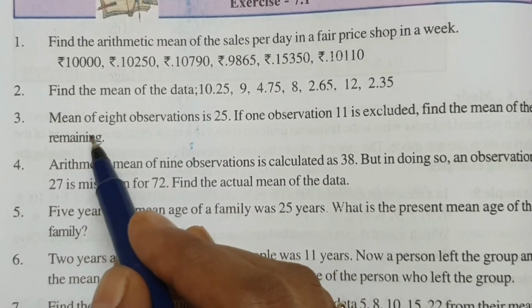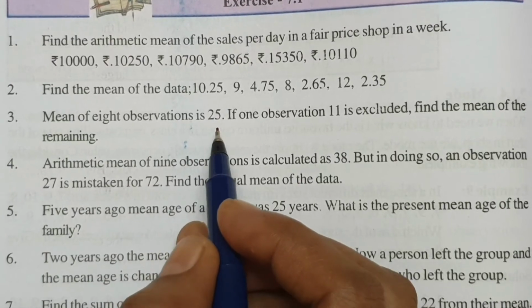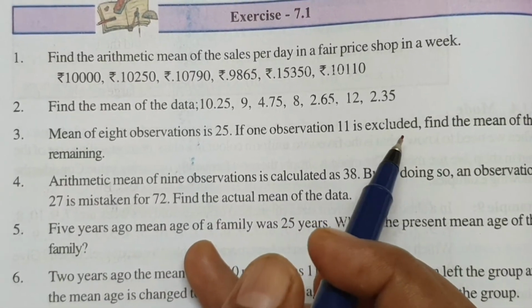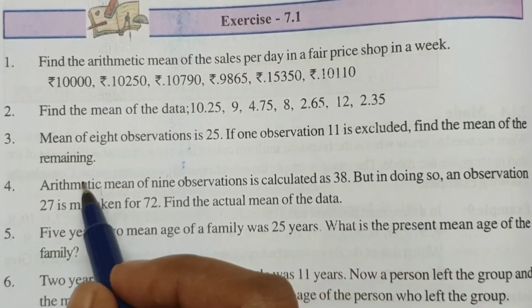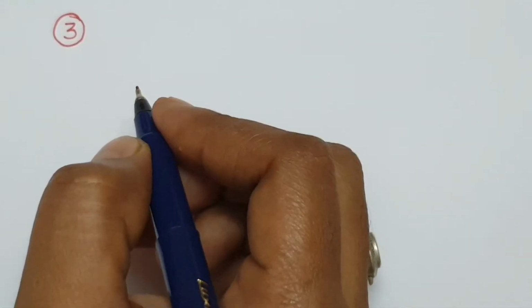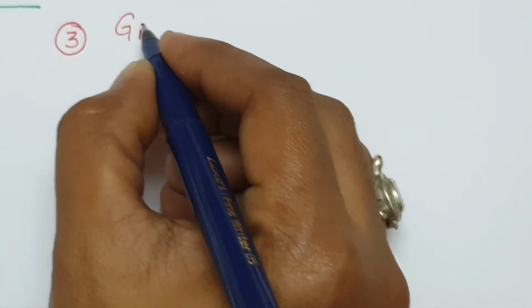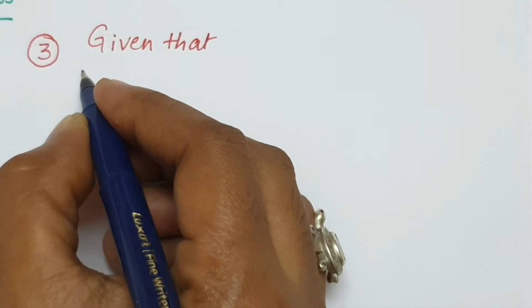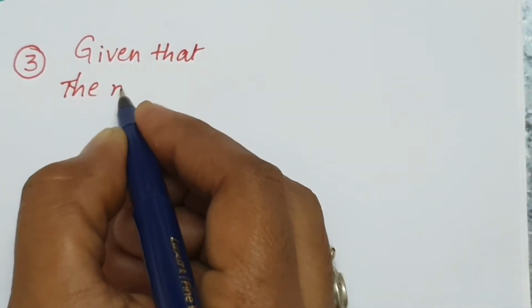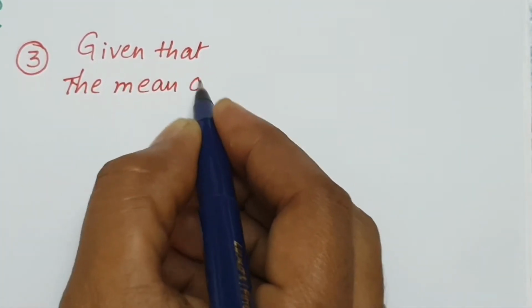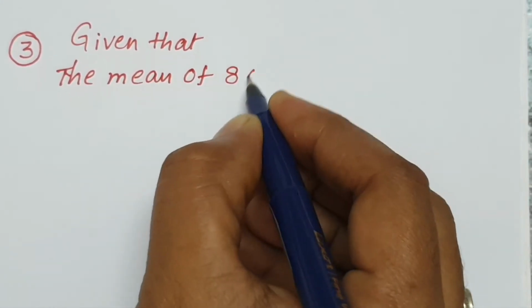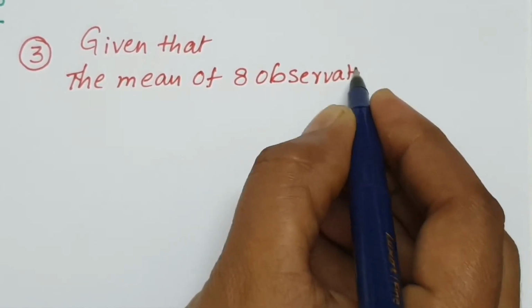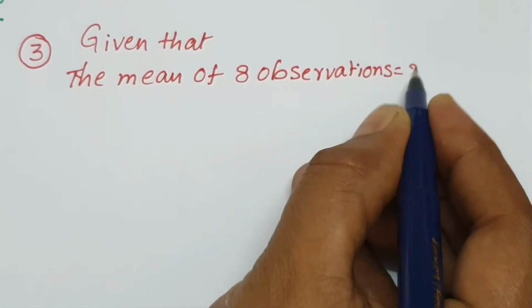Third question. Mean of 8 observations is 25. If one observation 11 is excluded, find the mean of the remaining. Given that the mean of 8 observations is 25.